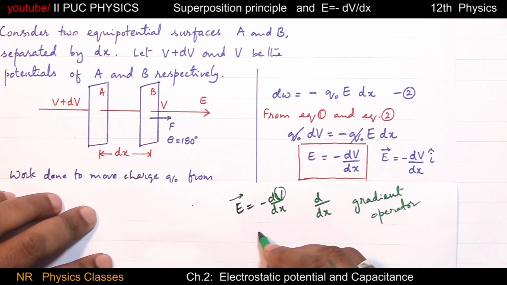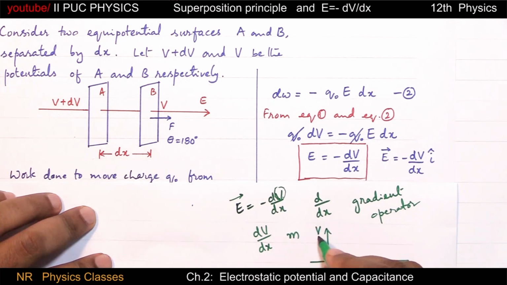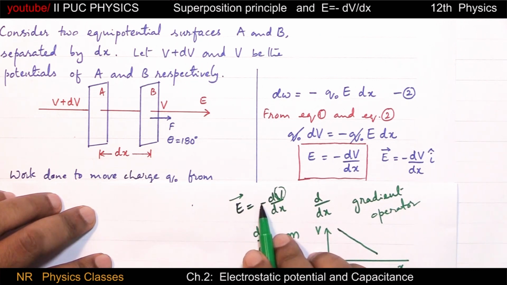Next, this dV by dx is also the slope, because if we plot a graph of potential versus distance, then negative slope means there is a decrease in V value with respect to x. So negative slope, negative potential gradient, is the electric field.